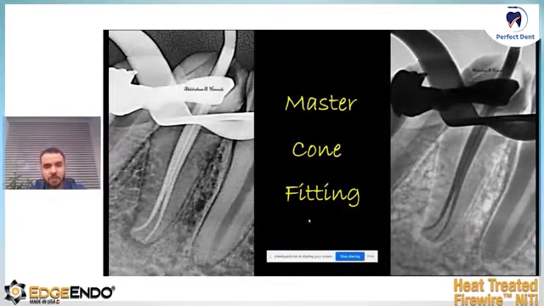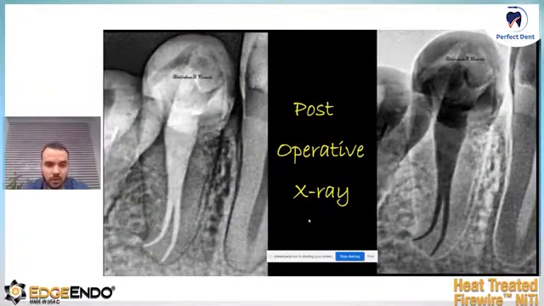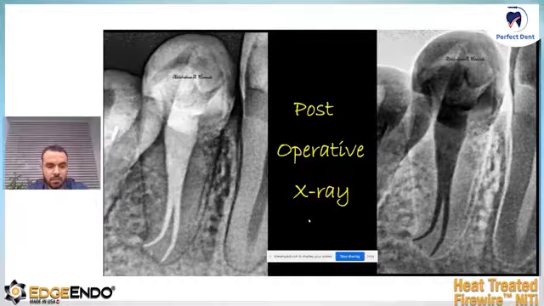The canal was shaped with file 20 taper 4 and file 25 taper 6 only, and activation and irrigation of the complex root canal system was done till we finished the final irrigation protocol.